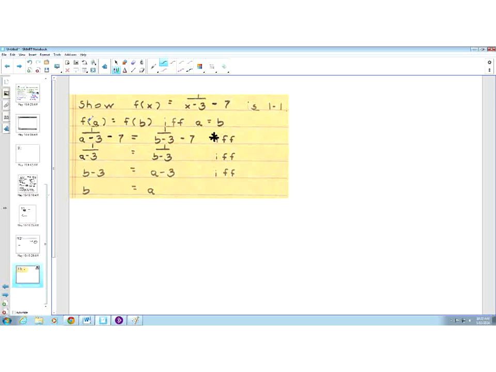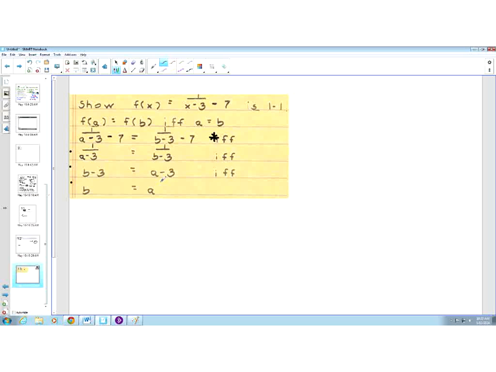So compute f of a, set it equal to f of b, and then solve for a in terms of b, tracing the algebraic steps. If a equals b when you solve for a in terms of b, then the function is 1 to 1. So this would be a classic example of determining whether a function is 1 to 1.